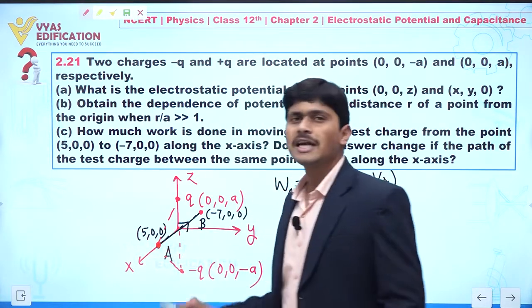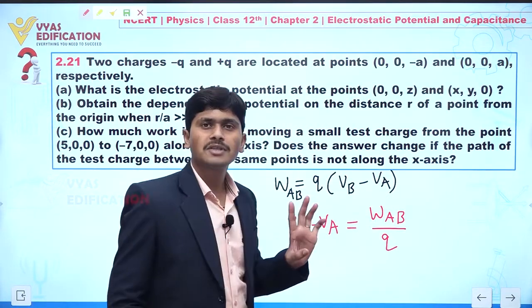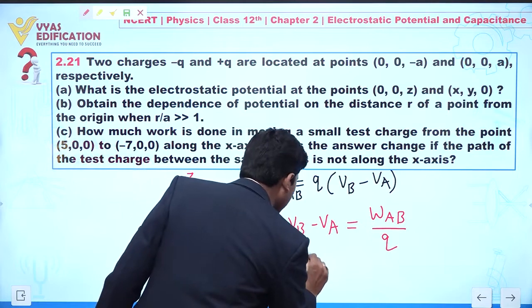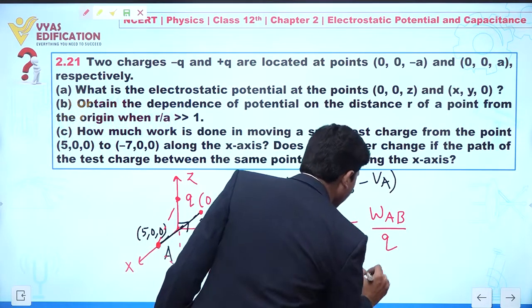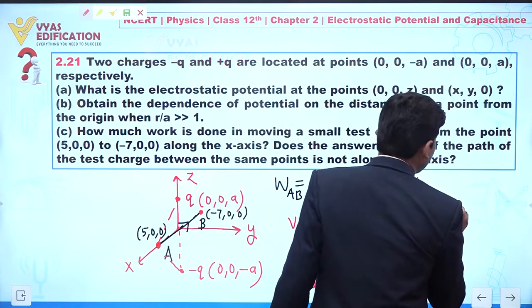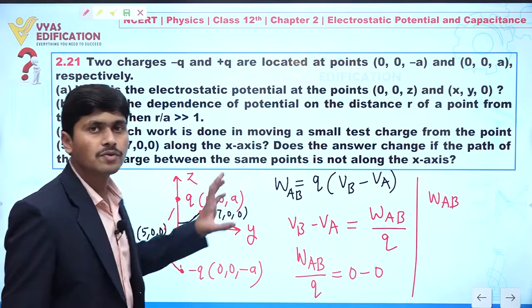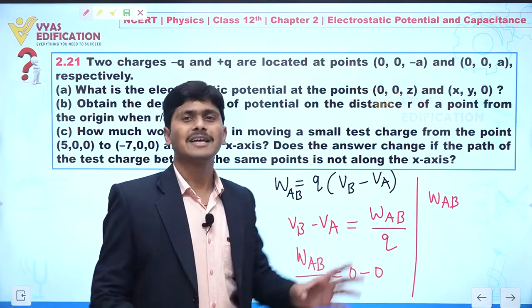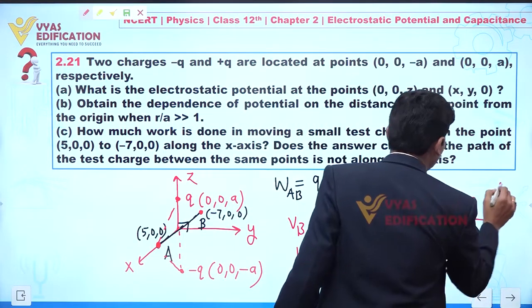Total electric potential at B is also 0. So Va and Vb both are 0. So Wab divided by Q is 0 minus 0. From here we can say that if we bring any charge from A to B, we do not have to provide any work, because here we have net electric potential 0.